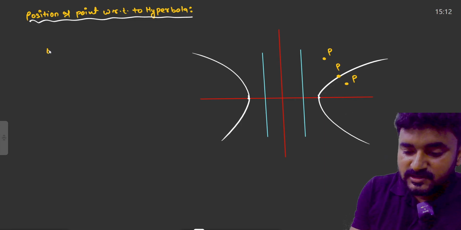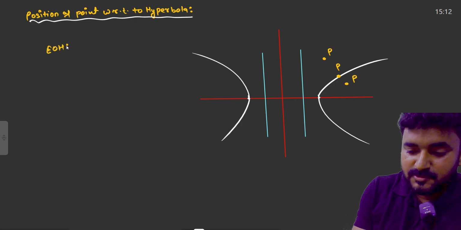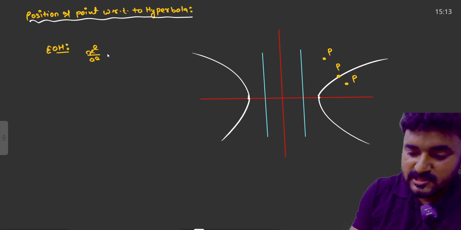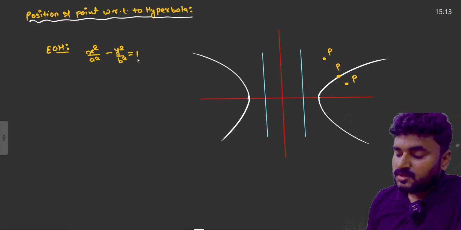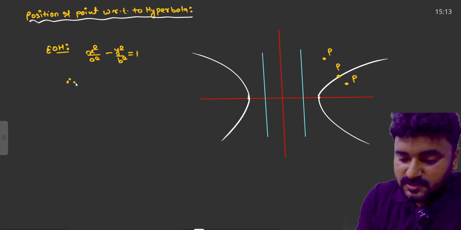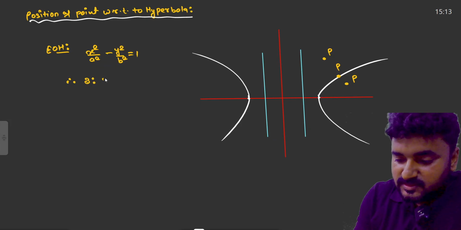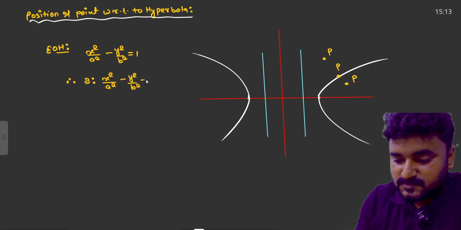You know the equation of the hyperbola is given by x²/a² minus y²/b² equals 1. Just see, this one I want to write as x²/a² minus y²/b² minus 1.